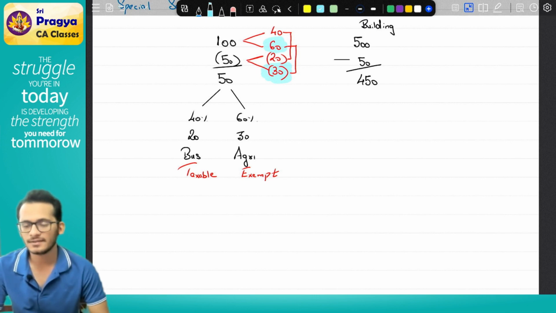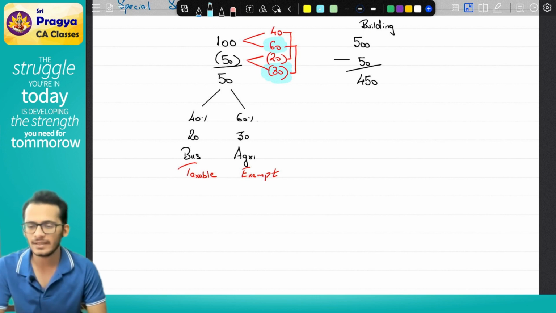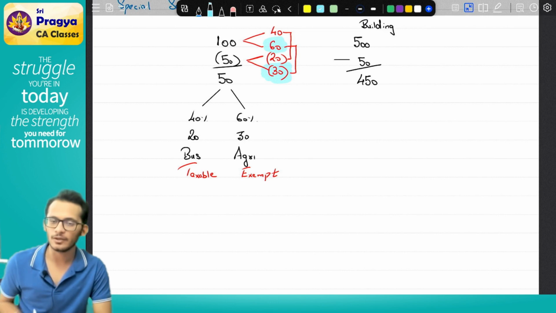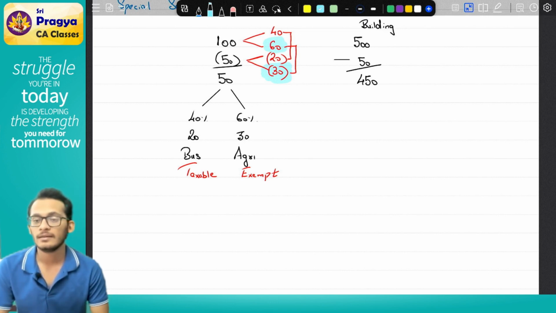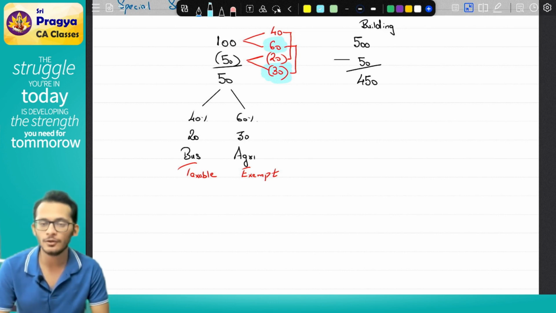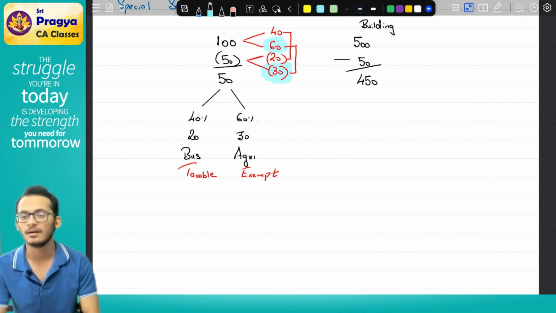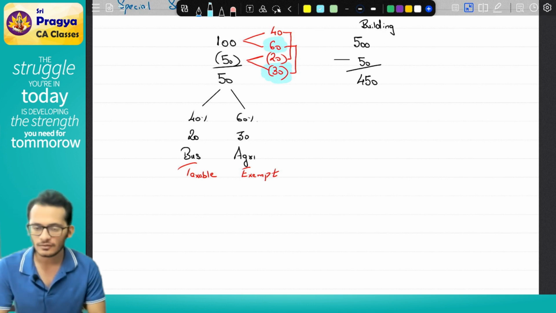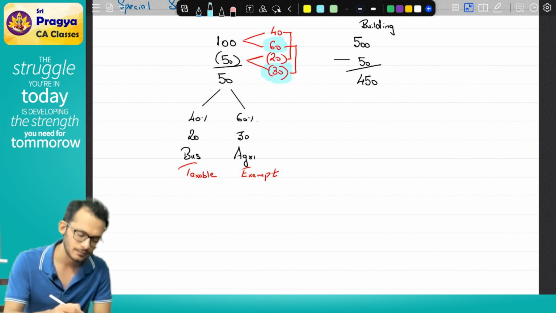So the assessee came and said, think about it. Technically, sir, the 30 you did not give me a deduction for, because the moment you called it agriculture income, I lost the deduction. So you should actually not reduce 50, sir.